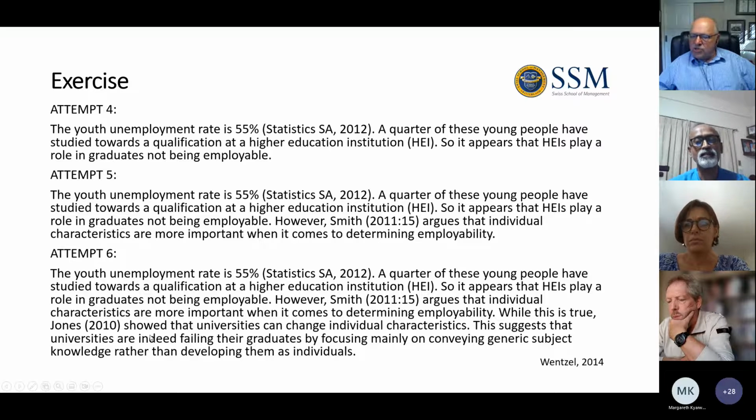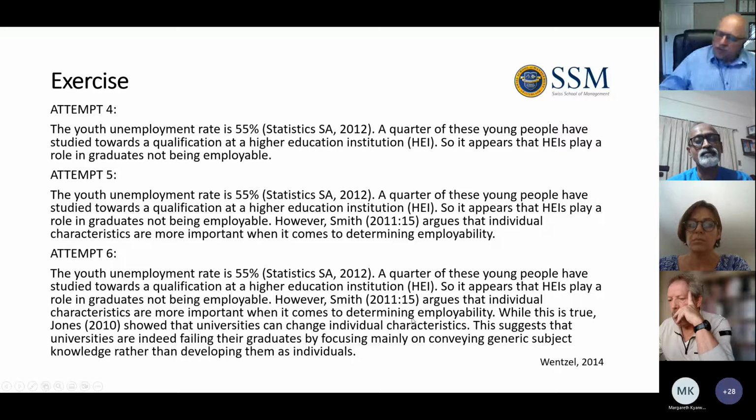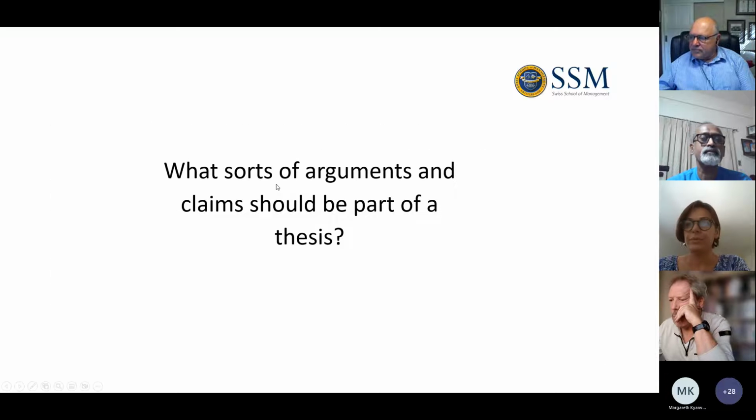While this is true, Jones showed that universities can change individual characteristics. This suggests, again, not an absolute statement, that universities are indeed failing their graduates by focusing mainly on conveying generic subject knowledge rather than developing them as individuals. This is just an example of how you can develop your arguments.